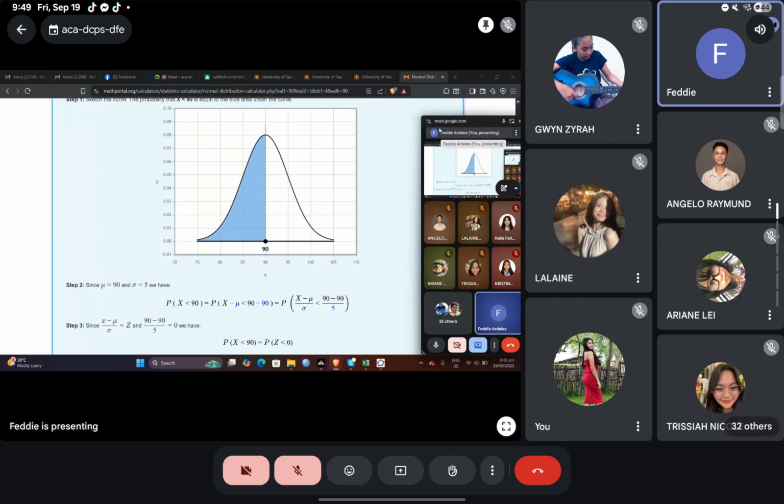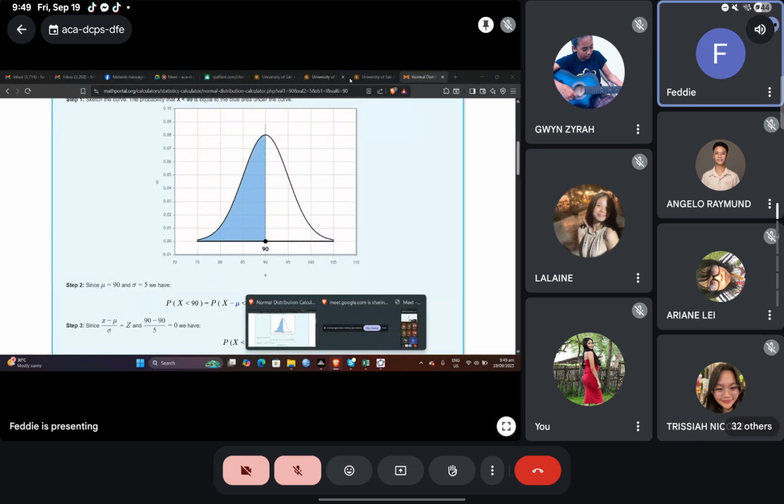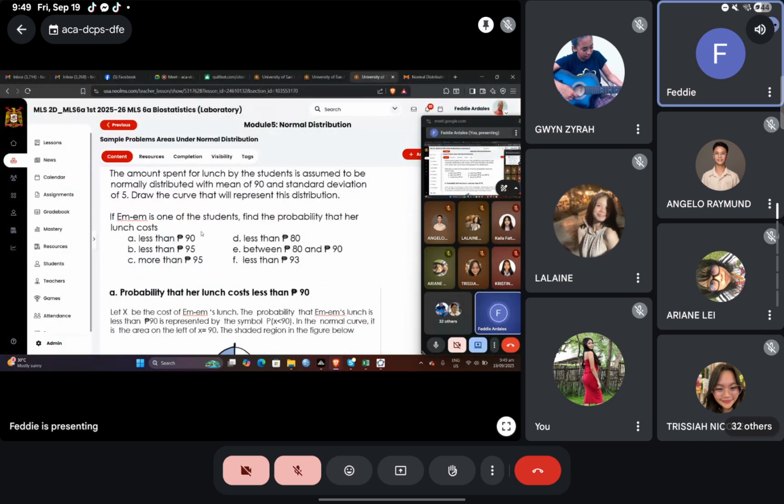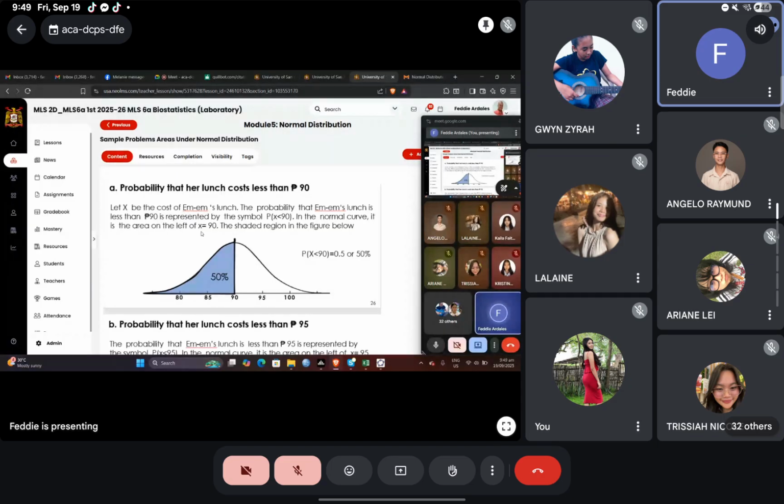So the probability that her lunch costs less than 90 is 0.5 or 50%. Here is the illustration using GeoGebra or the normal distribution calculator.